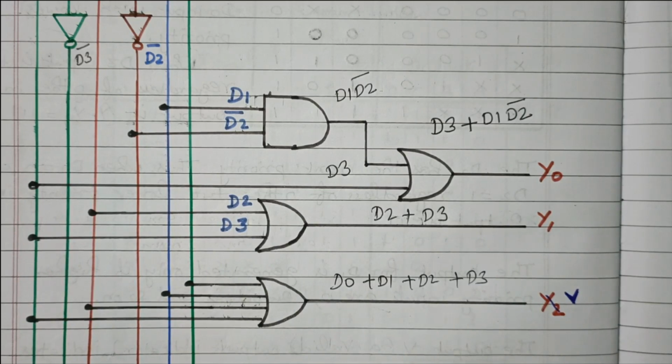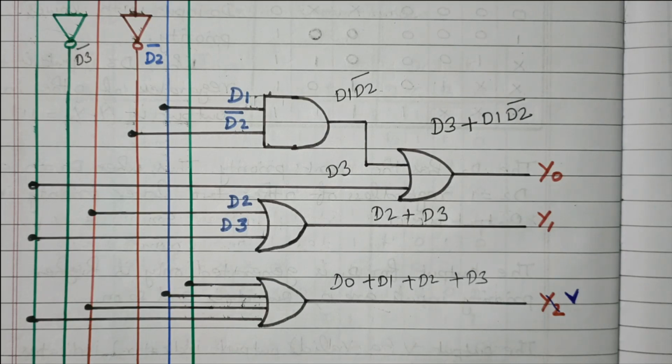So in this video we discussed the priority encoder. An encoder has 2 to the power n inputs and n outputs. In that, the output is generated according to priority, which one has the highest priority and which one has the lowest priority. Here D3 is the highest priority.